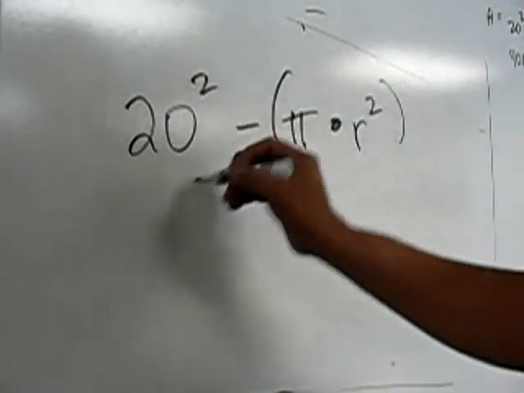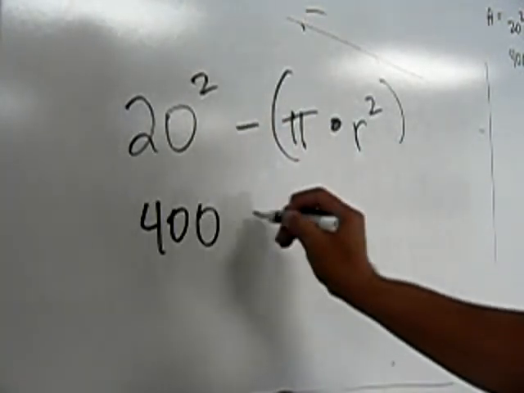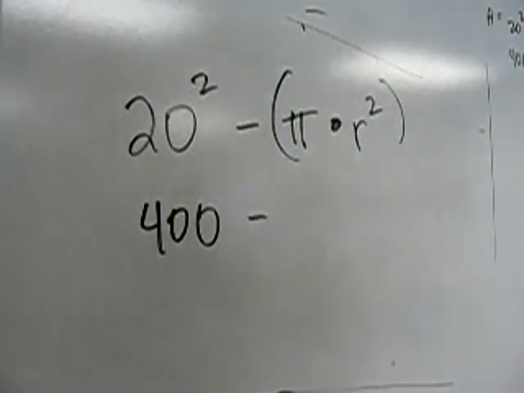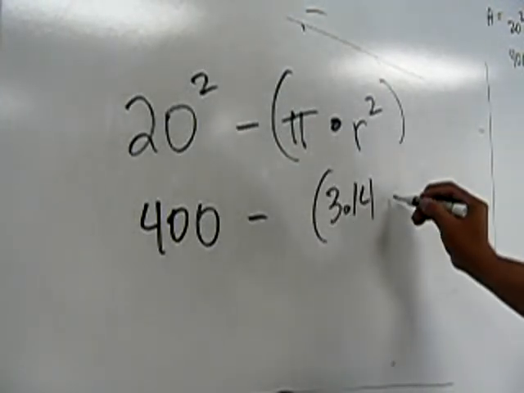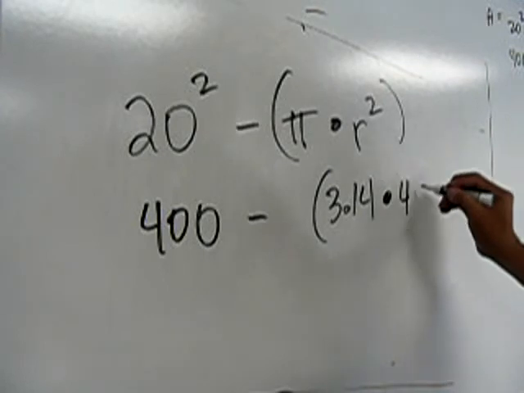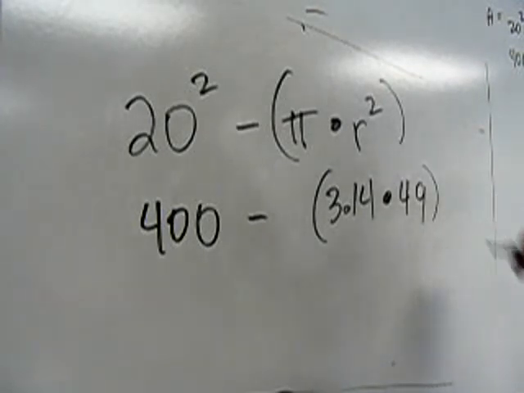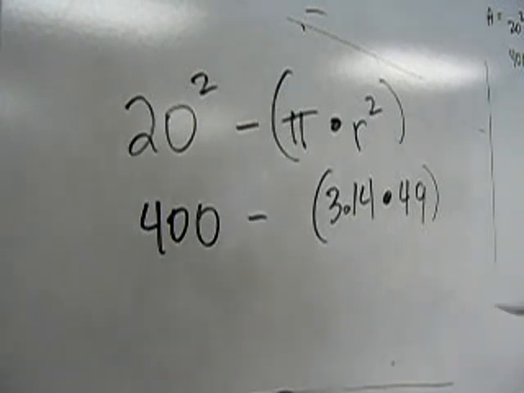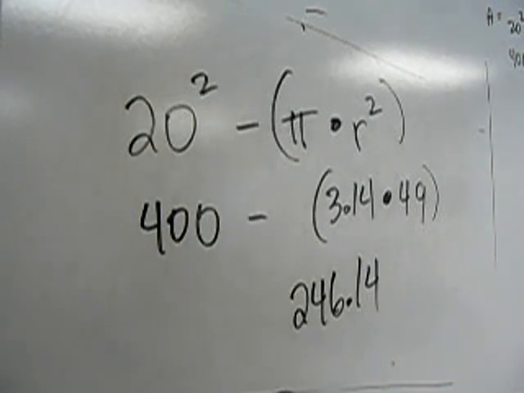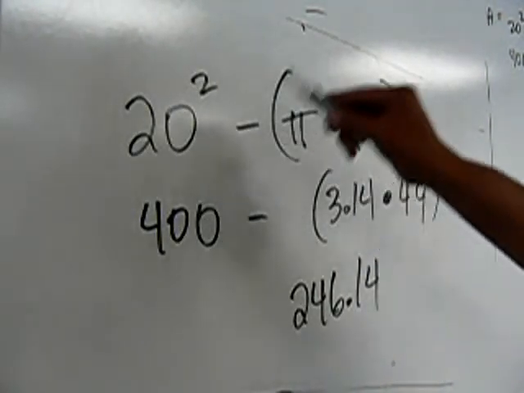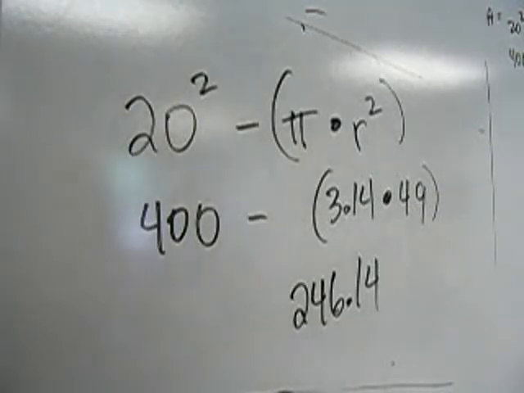So then 20 times 20, using the rules of Aunt Sally, it's going to come out to this. And then when you do the math, it's going to come out to the exact same thing. So if you're more advanced and you want to try this, then you could do that.